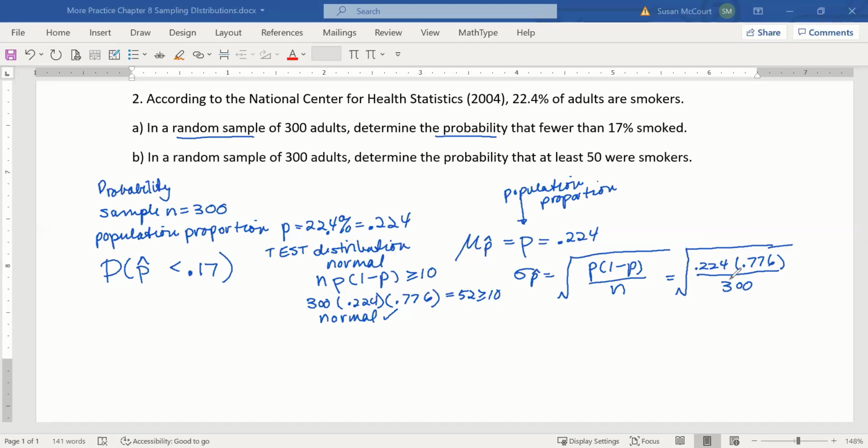If you have a calculator where you put the number in first and then hit the square root button, go ahead and do this whole calculation first and then hit the square root button. If you have a calculator with a square root and then you put the number in, then you want to do the square root and then a parenthesis to say first multiply all this stuff together and then close the parenthesis. So it depends which kind of calculator you have. That's why I'm asking you to check.